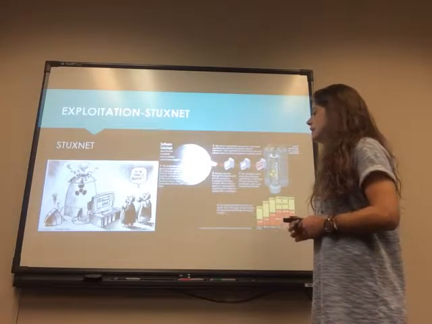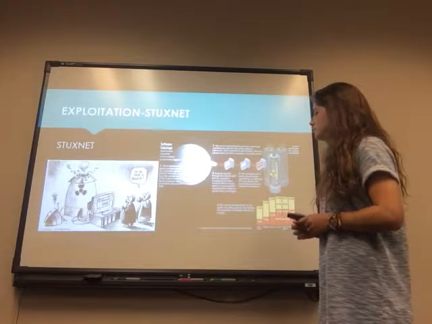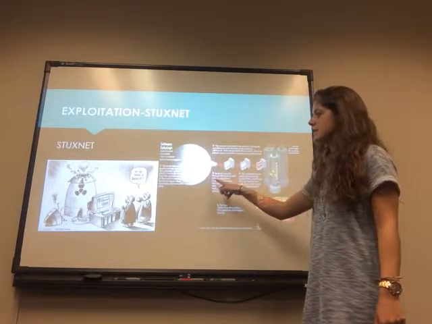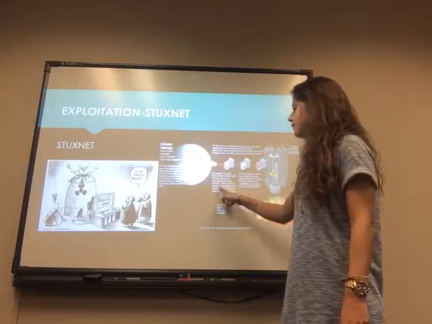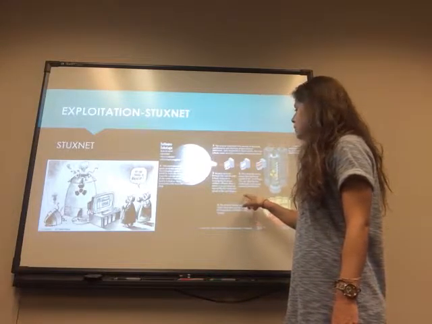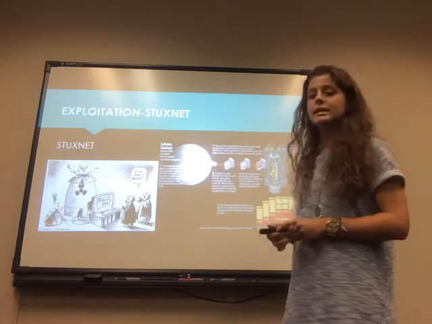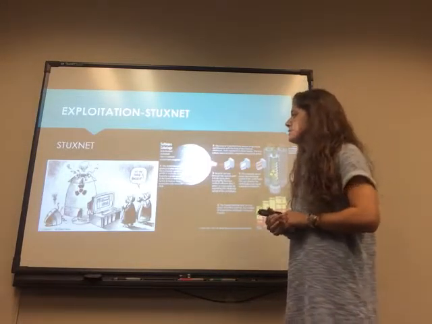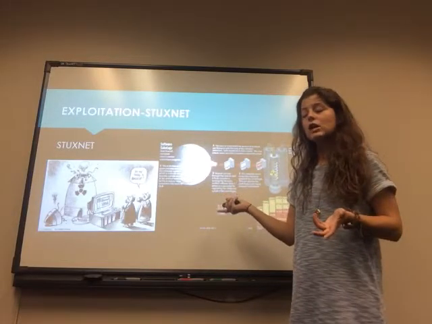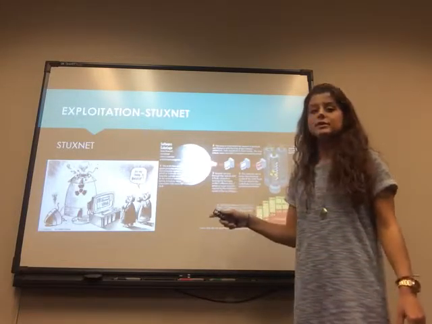Stuxnet was a worm that was introduced to the plant physically, and it took over 984 Iranian centrifuges. It was able to go undetected for that long because it was affecting the PLCs.